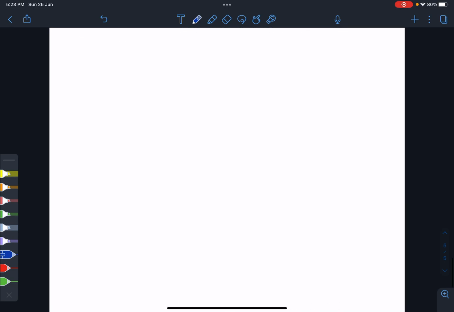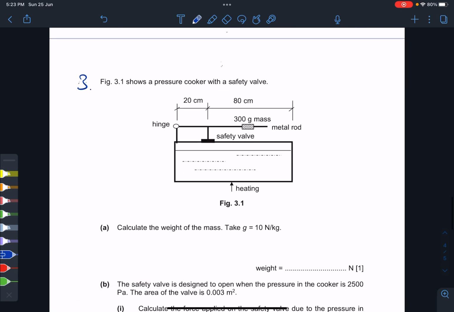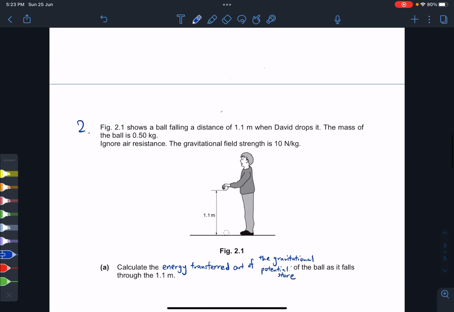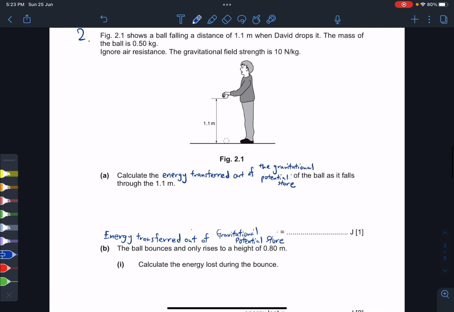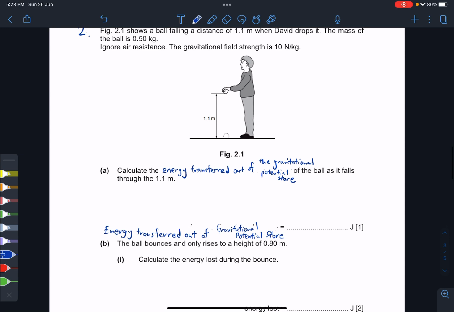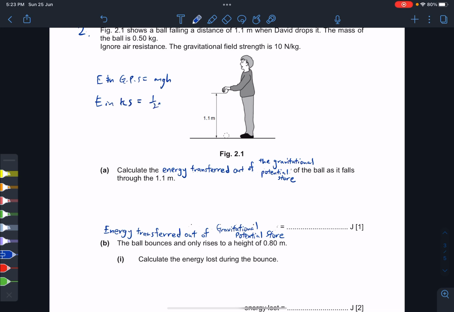Okay, next one, let's take a look. 2.1 shows a ball falling a distance of 1.1. A, calculate the energy transferred out of the gravitational potential store as it falls. First and foremost, your energy in gravitational potential store is mgh, whereas your energy in the kinetic store is half mv squared.